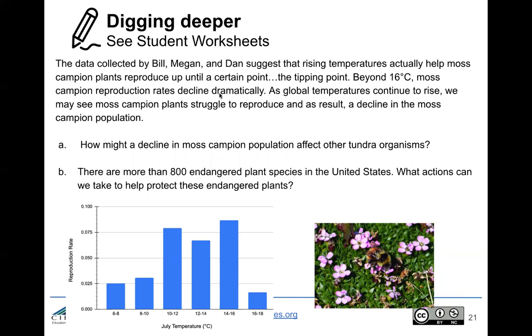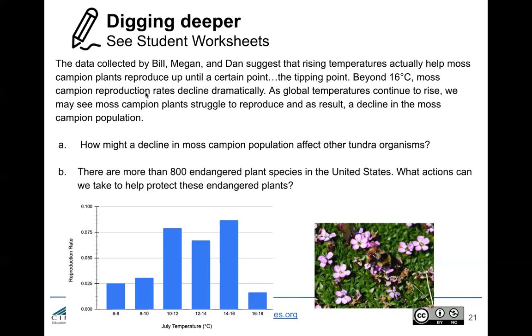So in this particular digging deeper question, I've got some text that really just describes how rising temperatures help moss campion plants reproduce up to a certain point, this tipping point. So really just trying to emphasize this tipping point idea beyond which we see a dramatic decline in reproductive rates.